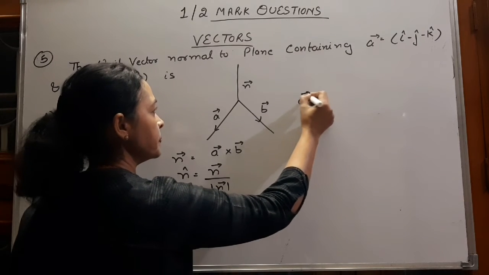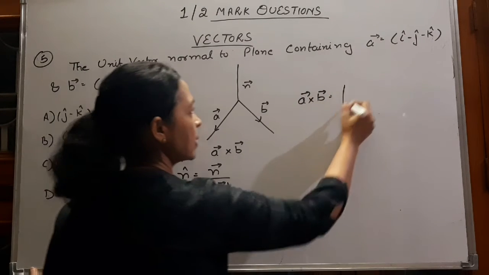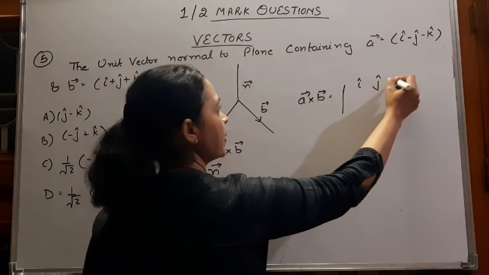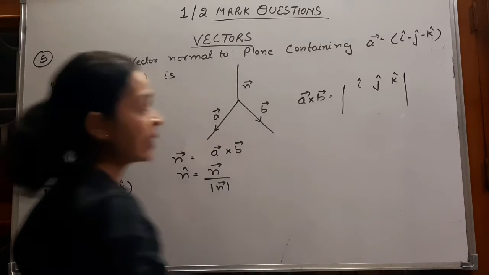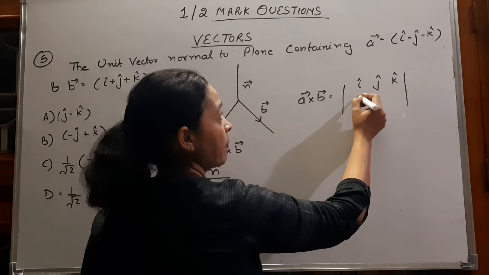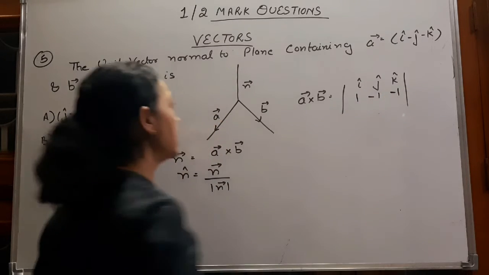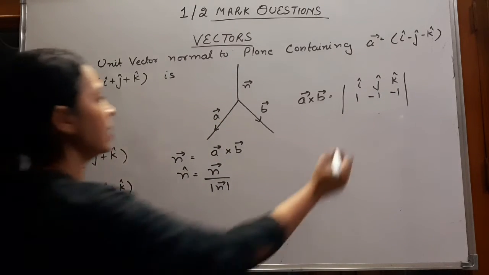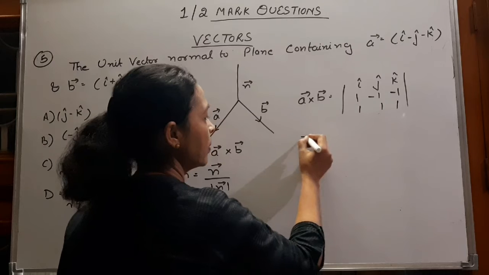Now A cross B will be the determinant of i cap, j cap, k cap. Vector A is i cap minus j cap minus k cap, that is 1, minus 1, minus 1. Components of vector B are 1, 1 and 1.